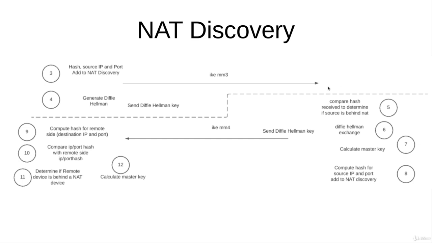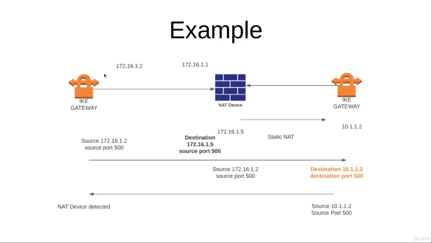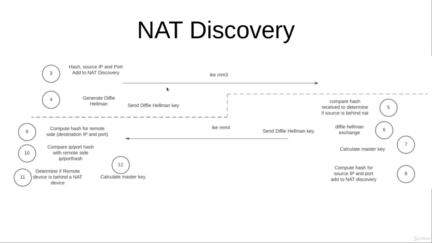The responder receives the message and compares the hash with the hash value it's expecting back from the initiator. This is step 5. It is expecting a hash for the IP and port of 172.16.1.2. This matches the hash received from the initiator. This checks out.